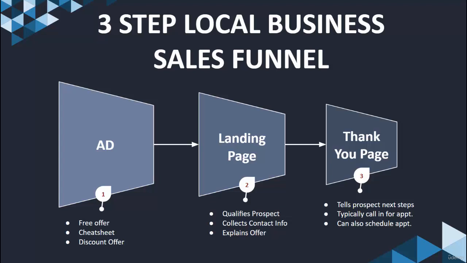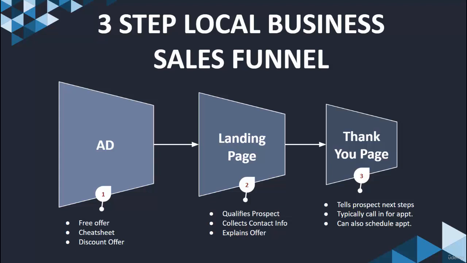Now remember, as I mentioned earlier in this course, that we want to make sure that we're always telling people what to do, right? We are guiding them, we're directing them. So at every stage of the sales funnel, the ad is telling them to click here, go there, take this action. The landing page is telling them click here to submit your information, click here to learn more, whatever that may be.